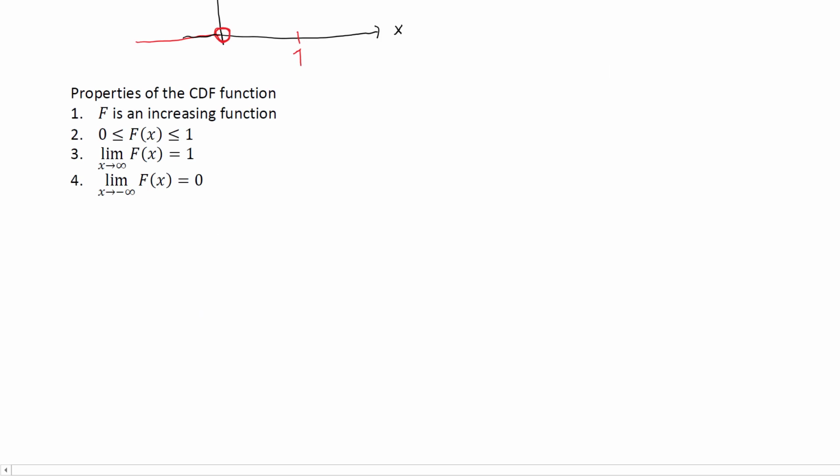So the CDF function will have a couple of properties which are always satisfied no matter what the sample space is, no matter what the probability measure is, and no matter how the random variable is defined. The first of these properties is that F must be an increasing function in x. So remember, that means the following.